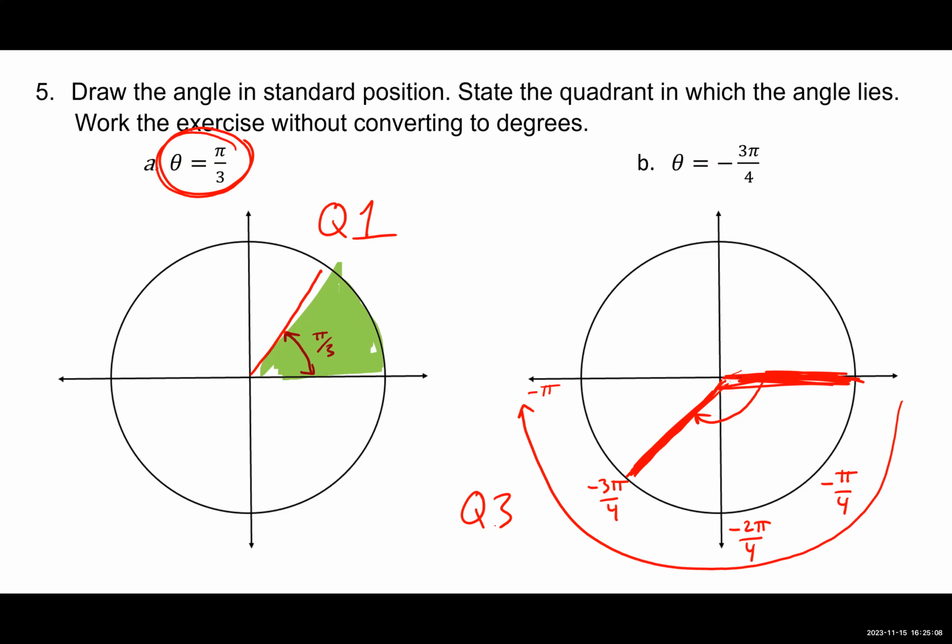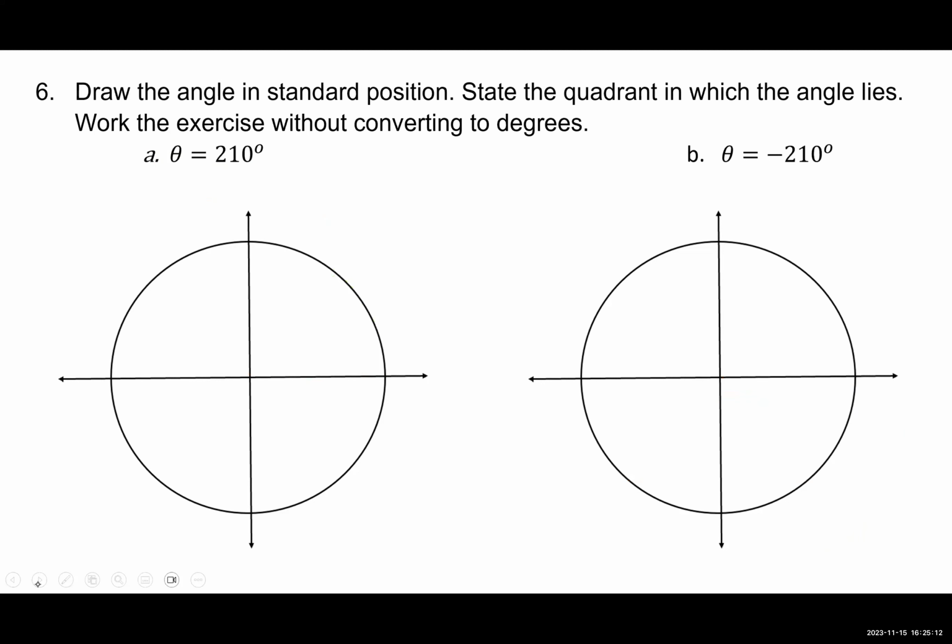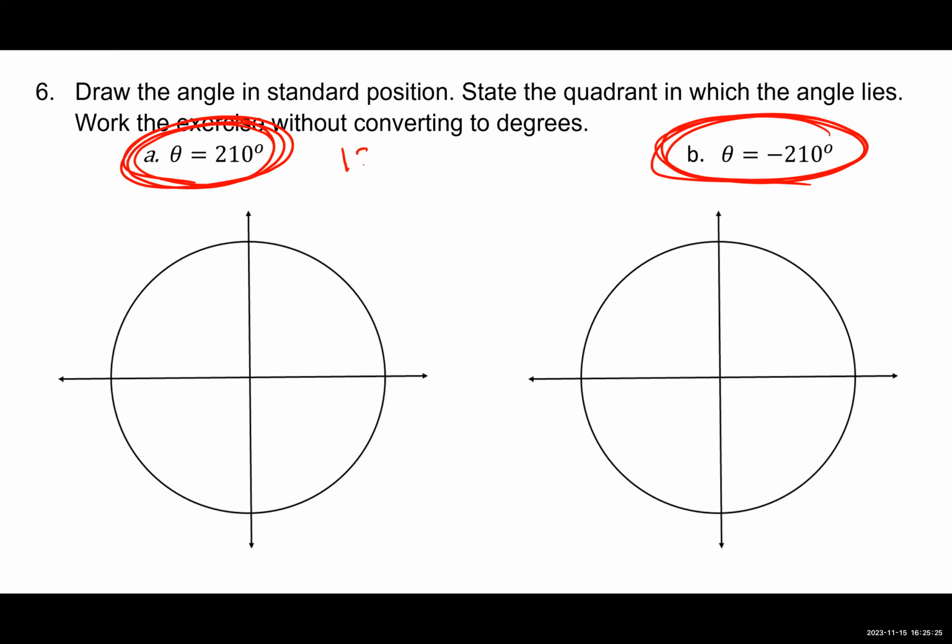So let's do another one of these problems, but instead of radians, let's use degrees. And in this case, I have the same angle, one positive, one negative. So when we're talking about degrees, 180 degrees equals 1/2 circle, or more specifically, 1/2 circular rotation.